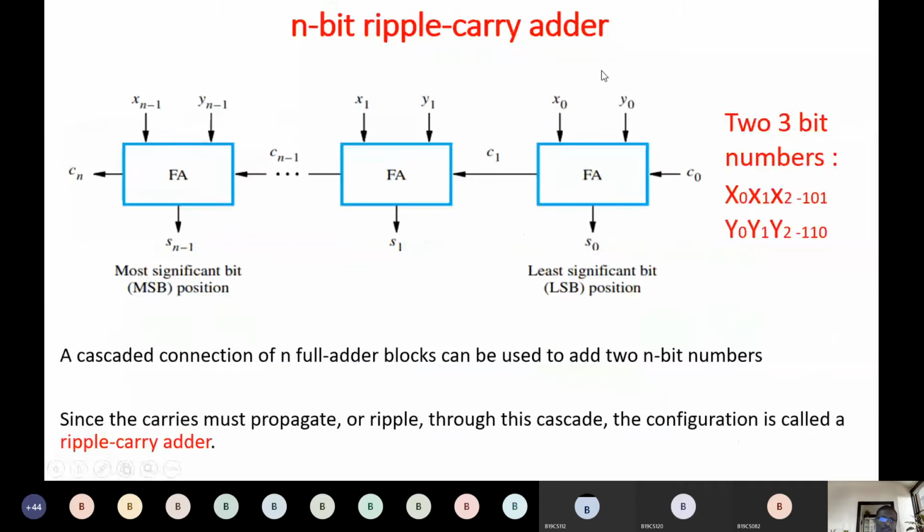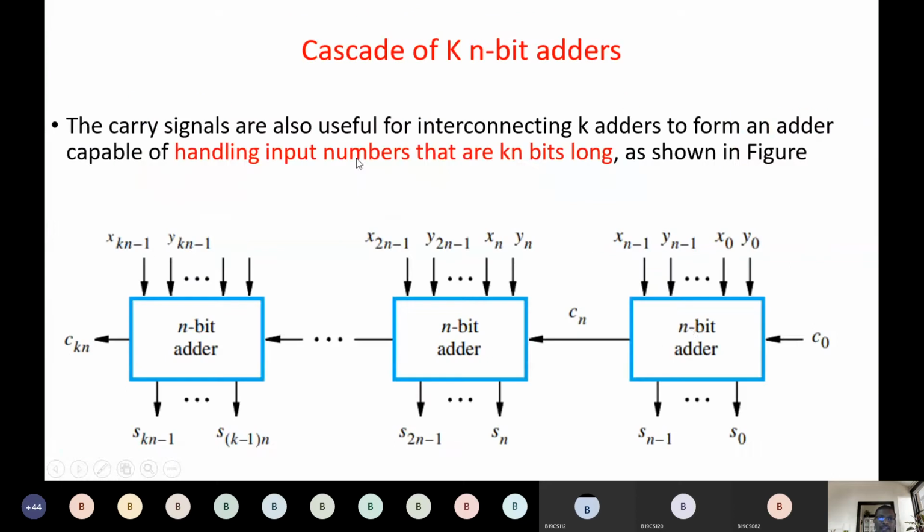So we take such multiple n-bit carry adders and connect them. This is one n-bit ripple carry adder, this is another, and this one is another. So how many? It's k number of n-bit ripple carry adders that we connected.